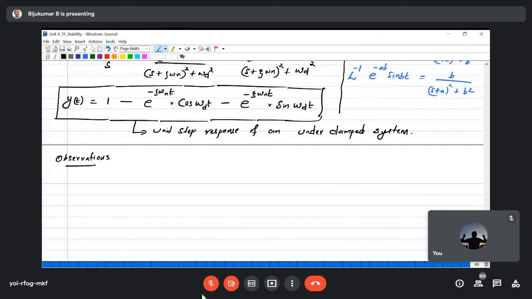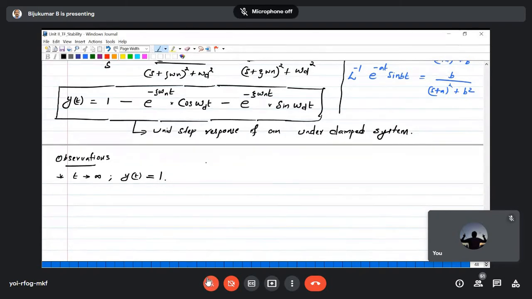Is it coming correct? So for an underdamped system, the pole is minus zeta omega n plus or minus j omega d, right? So it is coming as the real part of the pole. So another observation is, what is the steady state value when t tends to infinity? What is the value? Y of t is 1.